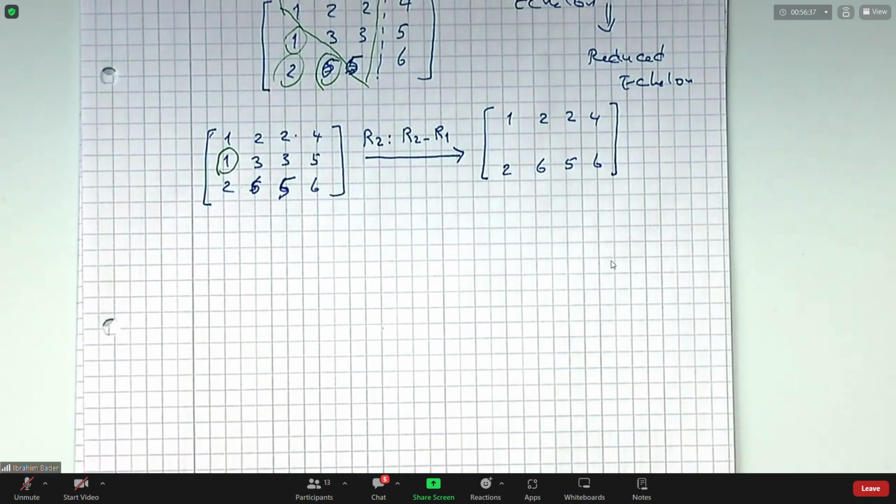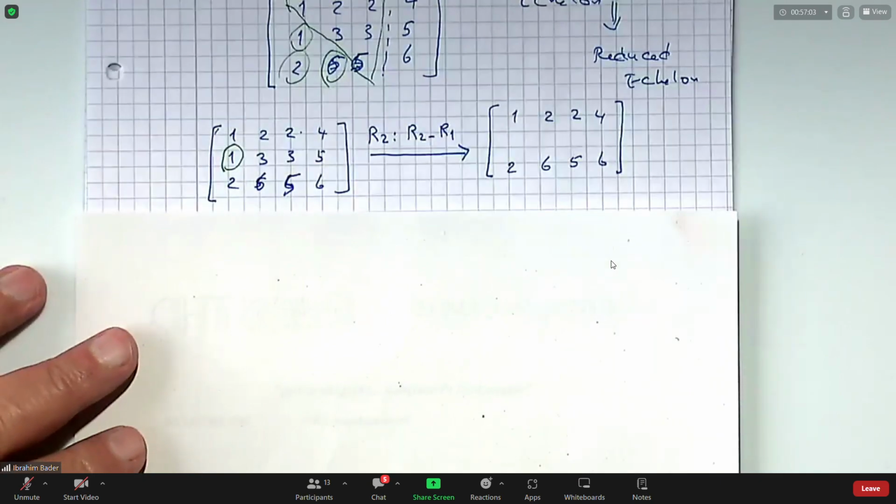Okay, and now here I will do it on the scratch paper on the side. Let me get one paper here. Okay, let me do it here on this paper.